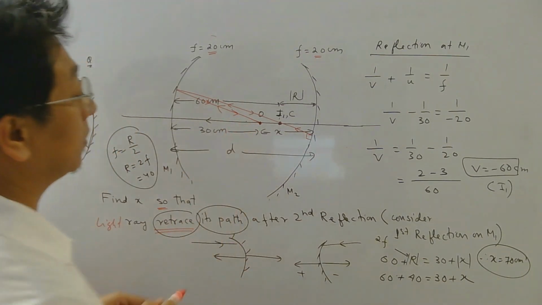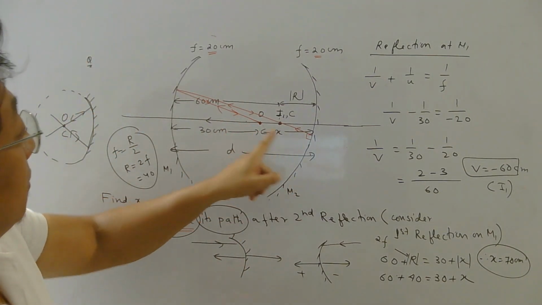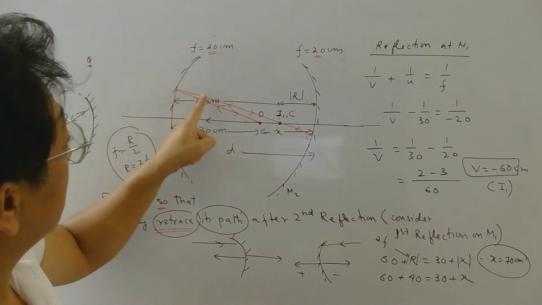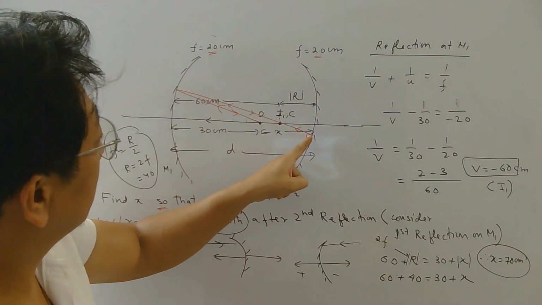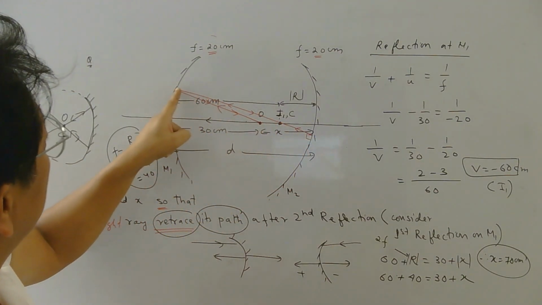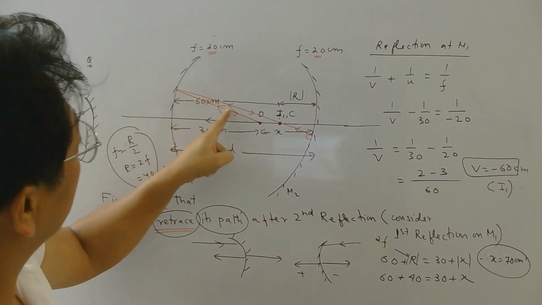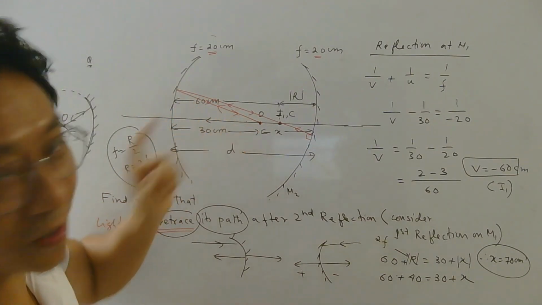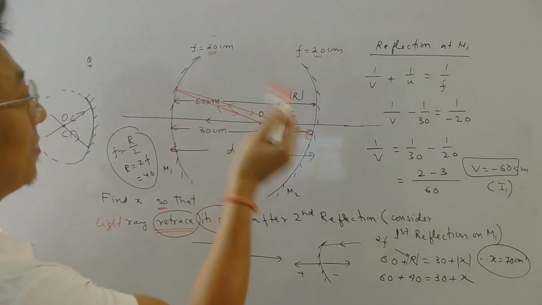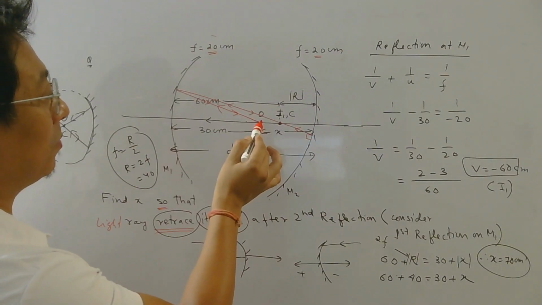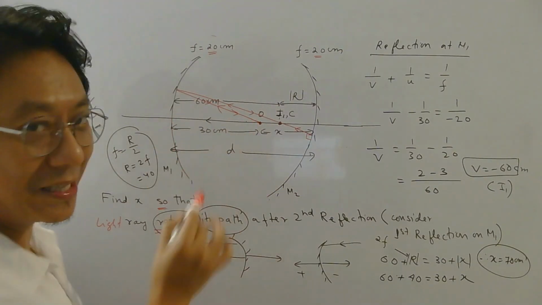So after the first reflection, second reflection, and again third reflection, light will go back to this object. After the third reflection, the image will be formed at the object itself.